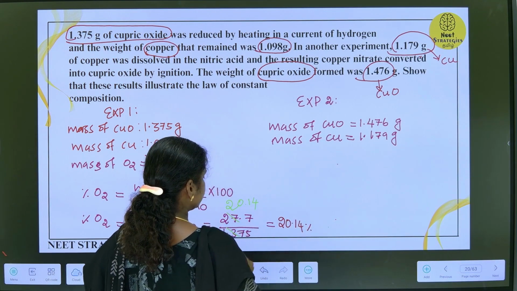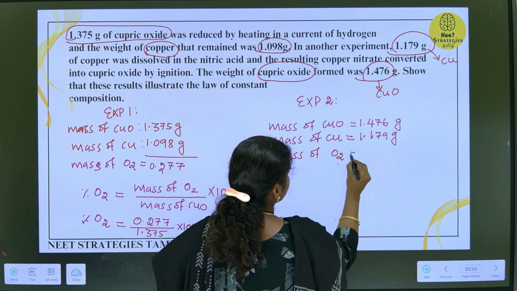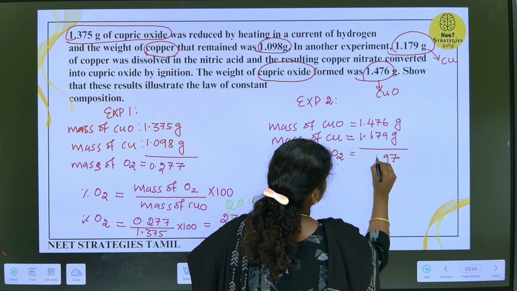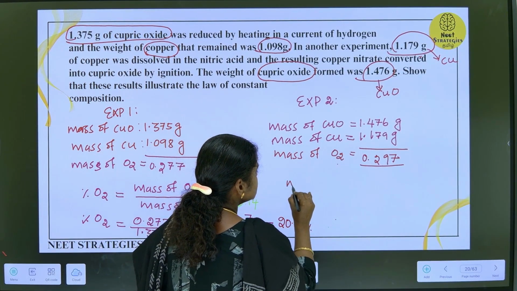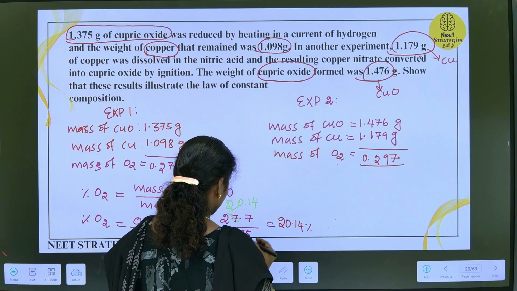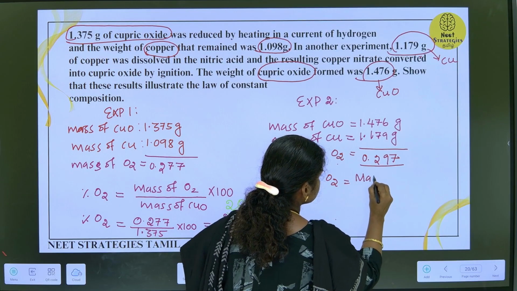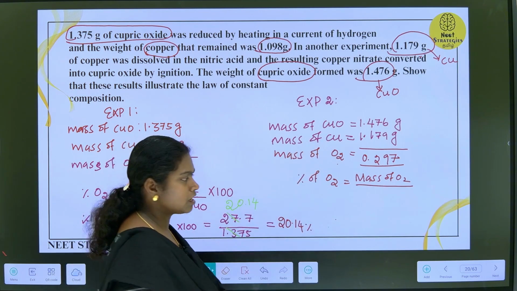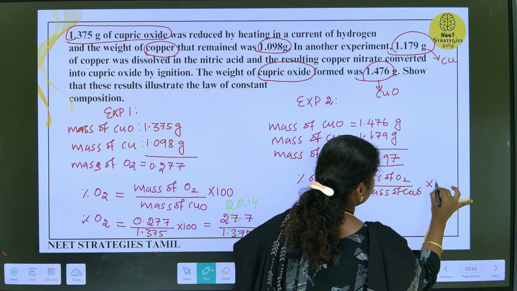அதே மாதிரி செகண்ட் எக்ஸ்பெரிமெண்ட்ல மாஸ் ஆஃப் ஆக்சிஜன் ஒர்க் அவுட் பண்ணிடுங்க. ஓகே, 0.297. அப்போ percentage of oxygen கால்குலேட் பண்ணணும் இந்த கேஸ்ல. ஓகே, அப்போ percentage of oxygen become equal to mass of oxygen upon mass of copper oxide into 100, ஓகேங்களா.